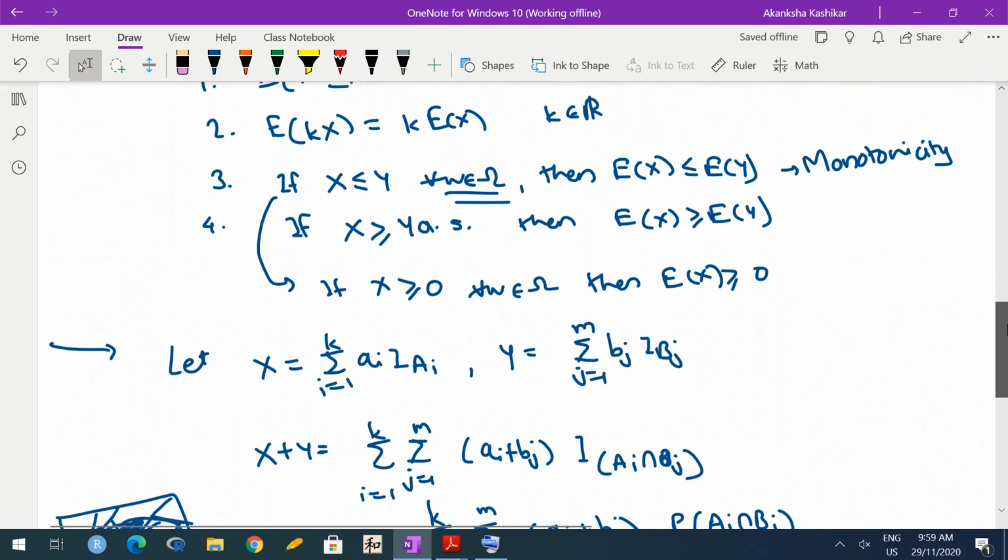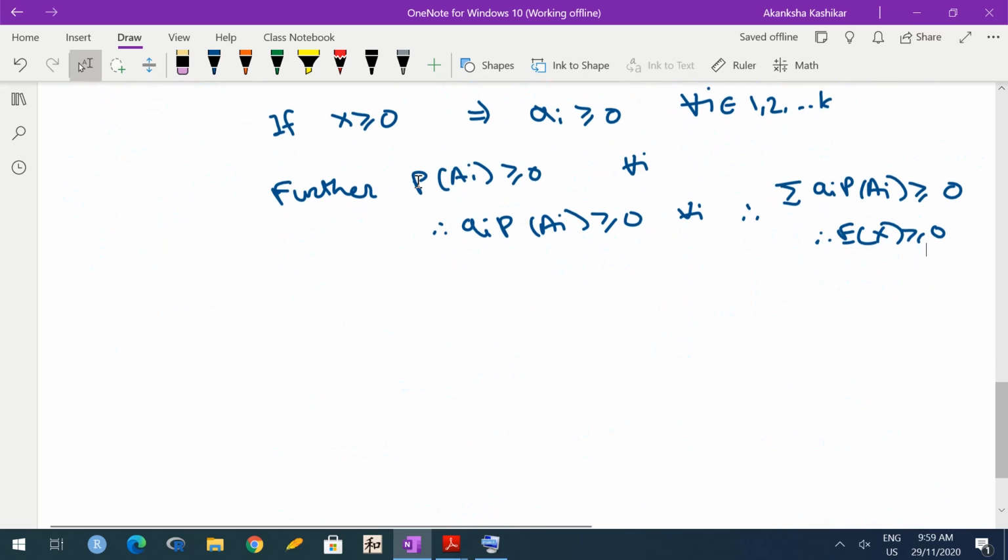Now as a result, when you have X greater than or equal to Y, and if X and Y are simple, then we can define a new random variable. So suppose we have X greater than or equal to Y, and X and Y are both simple random variables.